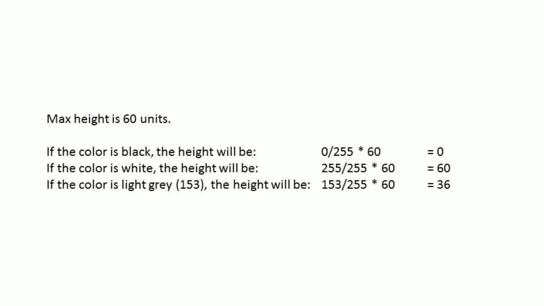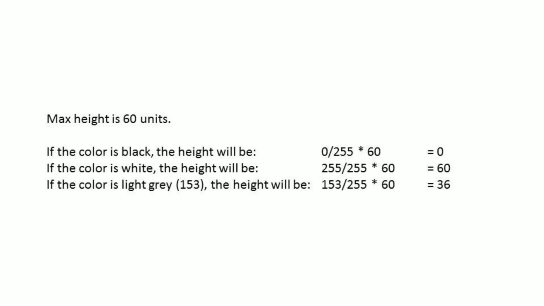Let's pretend our max height is 60. If one pixel on our height map is black, black is 0 in the color scheme of things. As was said in chat, it's like a monochromatic heat map. Absolutely. 0 divided by 255 is 0, times 60, so we know the height of that pixel will be 0.